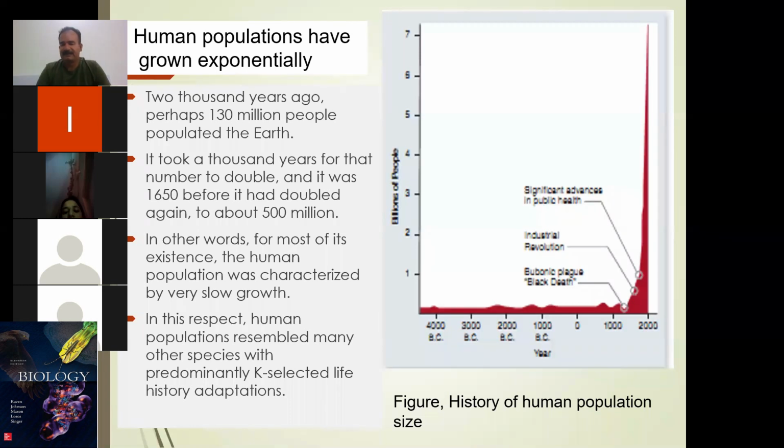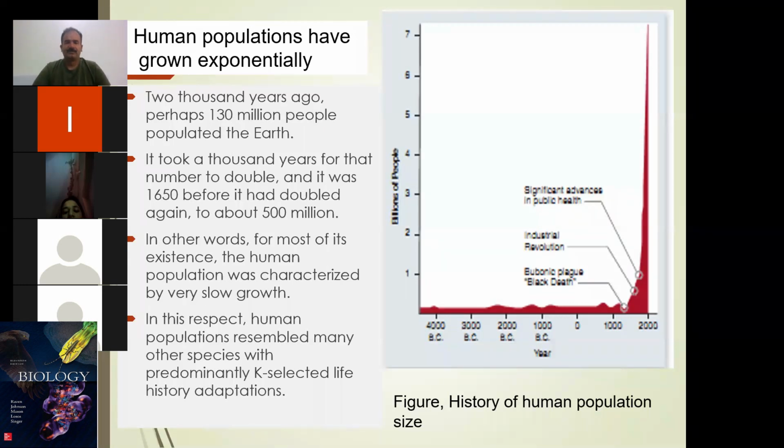During this episode of plague, the human population was badly affected, and there was a slight depression in the curve at that time. Because of that, millions of human lives were affected during this plague episode.